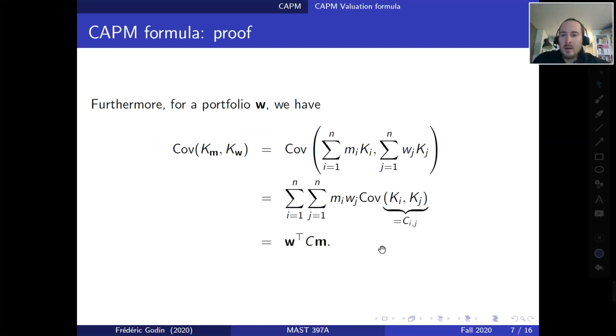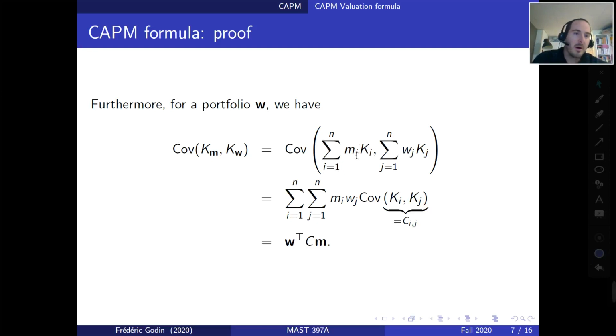Okay, so now for any portfolio W, so W doesn't need to be some form of optimal portfolio or something like that. It's any portfolio. We have the following relationship. The covariance between the return of the market portfolio and the return of the portfolio W is expressed as the following. So this is the return of the market portfolio, the sum of weights on each asset for the market portfolio.